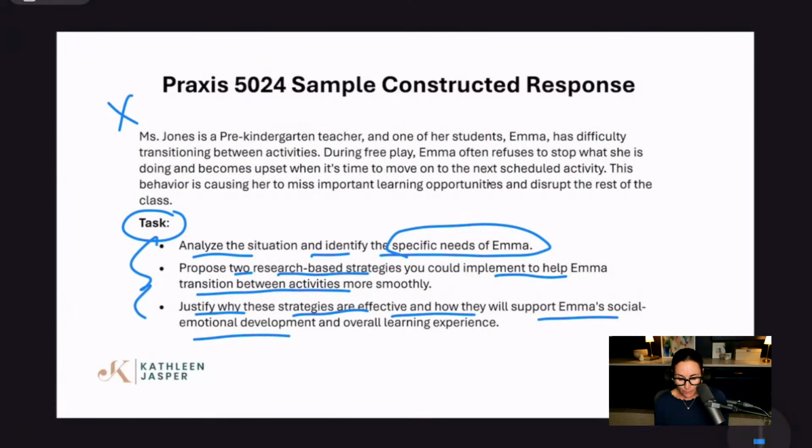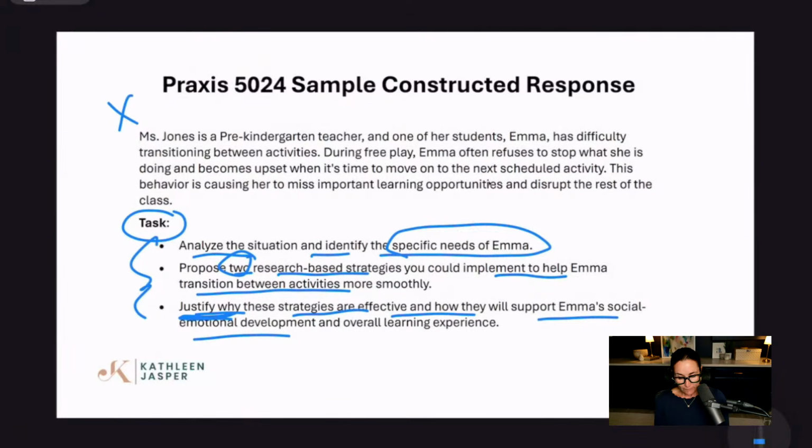They want you to propose 2 research-based strategies and then say why those are good. This justification or the rationale for doing whatever strategy you are doing is a really good way to end your paragraph. It's a perfect end of paragraph sentence. This is helpful because blah, blah, blah. I'm going to show you in a second.